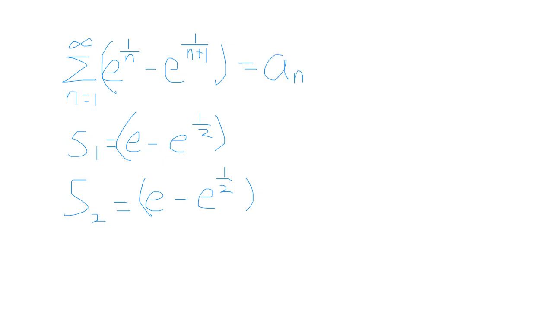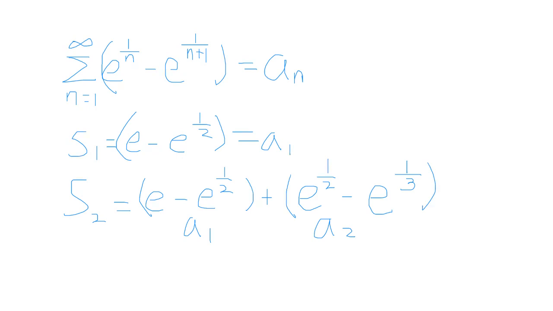This is the nth term. So this is A1 plus A2. What's A2? A2 is e raised by 1 over 2 minus e raised by 1 over 2 plus 1, which is 3.